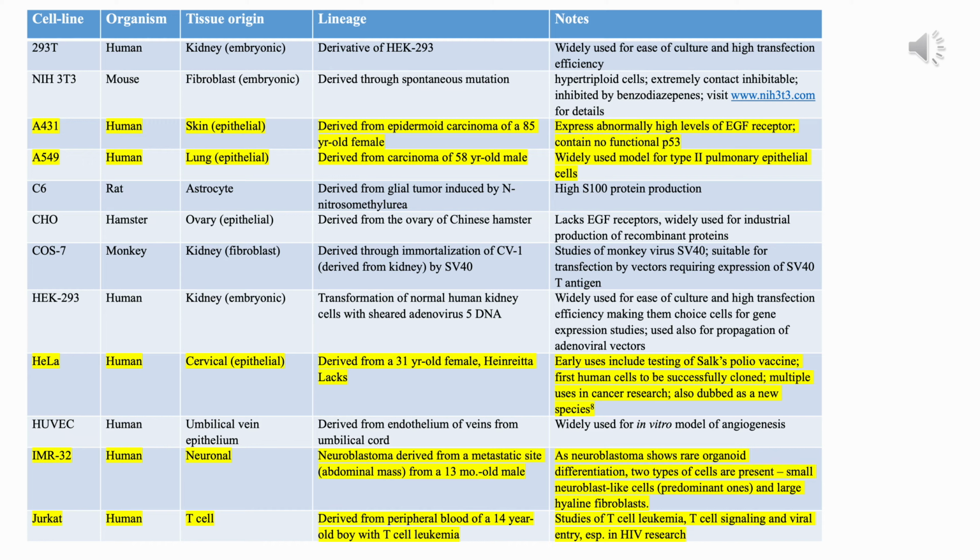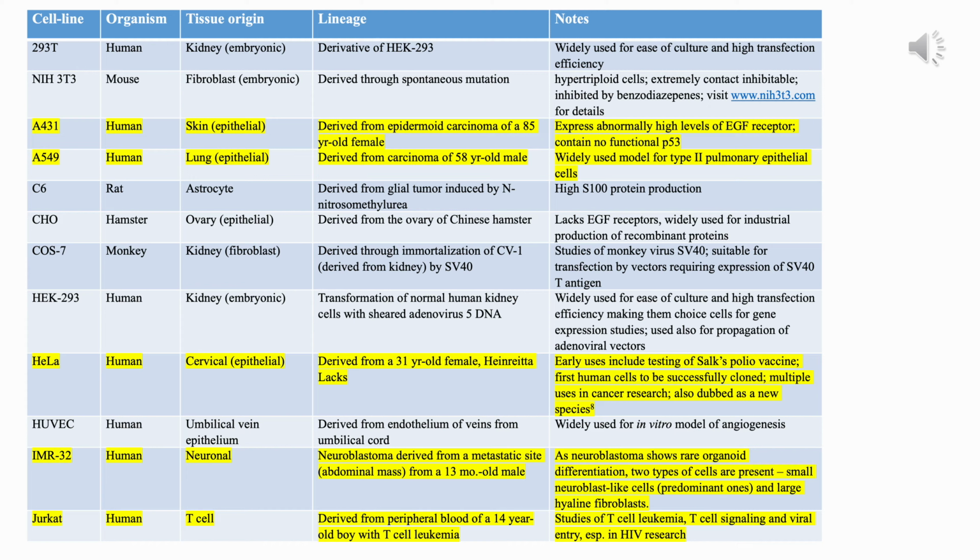CHO cells are one of the widely used cells for industrial production of various recombinant proteins. COS cells are suitable for transfection, especially the SV40T antigen containing ones, because they are derived by immortalization of the regular CV1 cells from the kidney of a monkey.